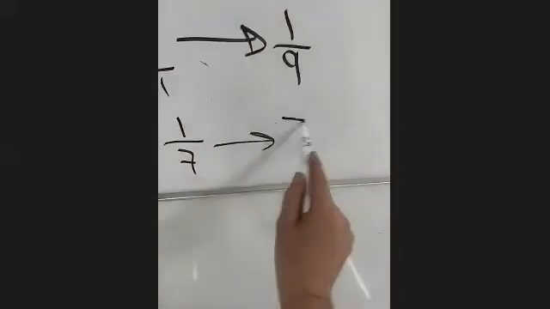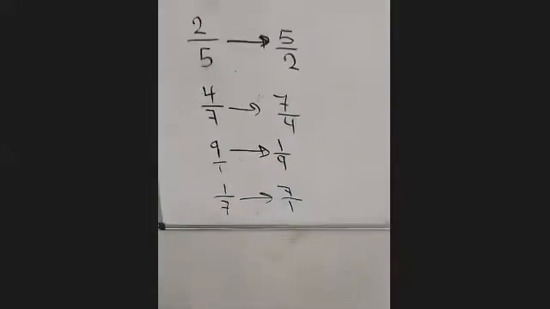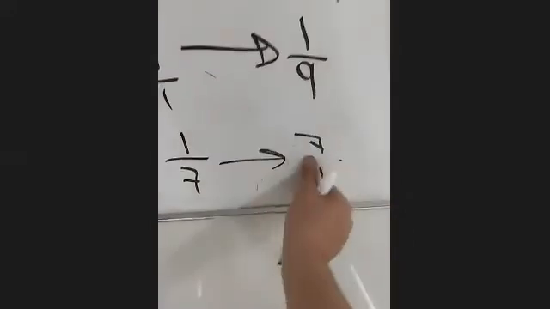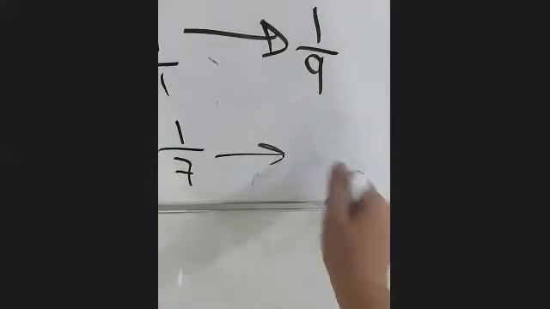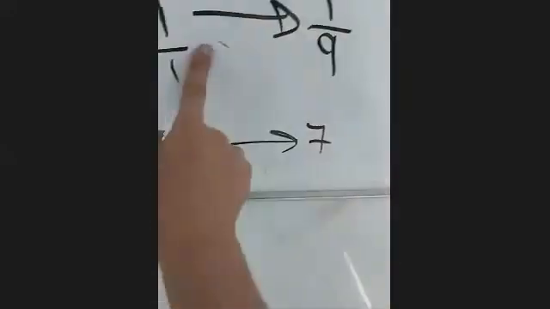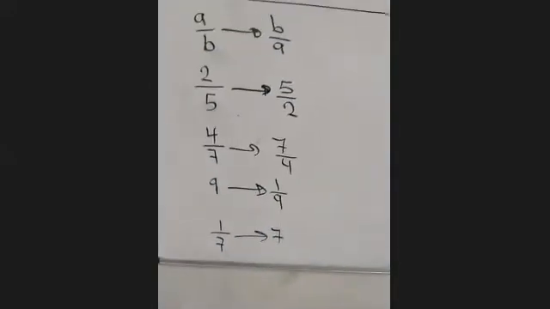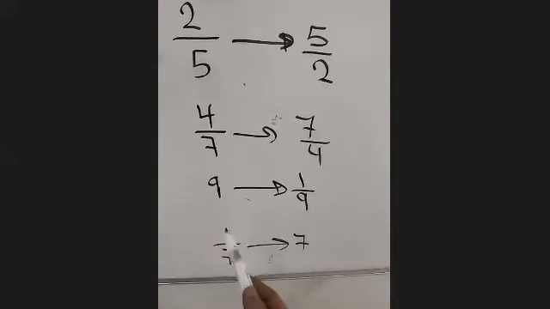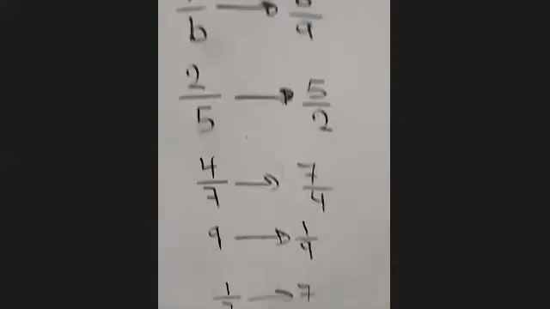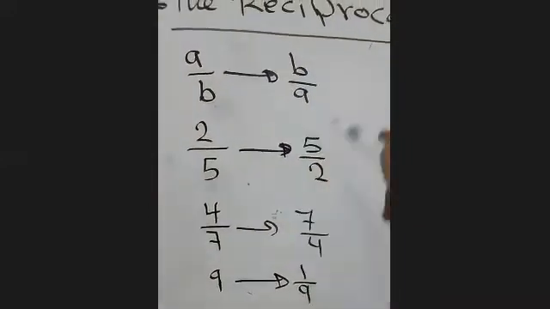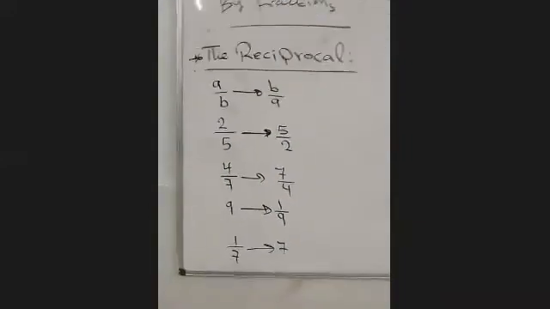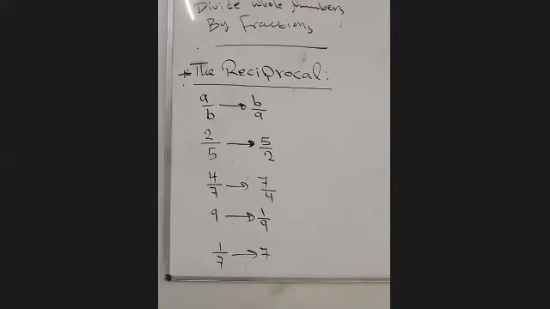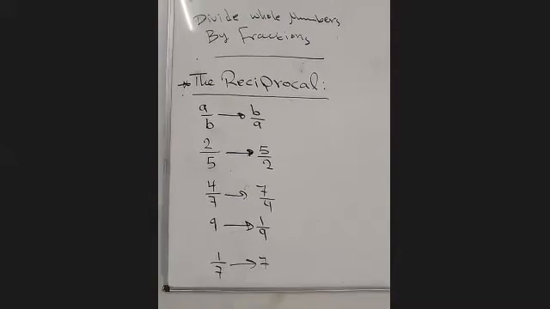It will be 7 over 1, which is 7 divided by 1, which is 7. No need to write 7 over 1 here. So the reciprocal of 9 is 1 over 9, and the reciprocal of 1 over 7 is 7. If we have a numerator and denominator, we just flip them. So how do we find the reciprocal, guys? We just flip the numbers up and down.